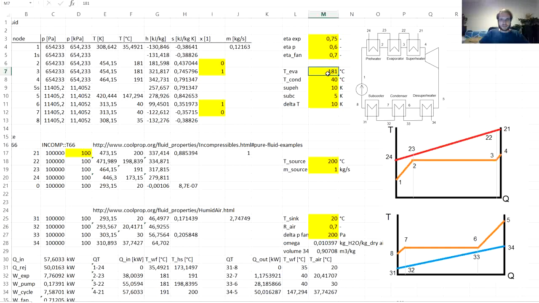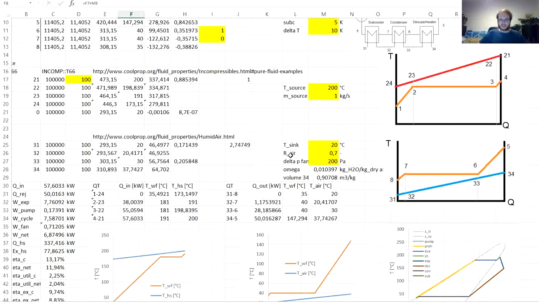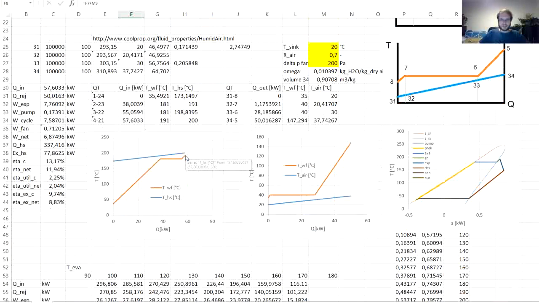But now if we would use 181 degrees C, the temperature at point 4 is 191, and we would not have justified the minimum temperature difference already at this point between the heat source and the superheated vapor. Not to mention that for the superheated vapor the heat transfer coefficient is significantly lower than for the liquid, or especially for the evaporation.